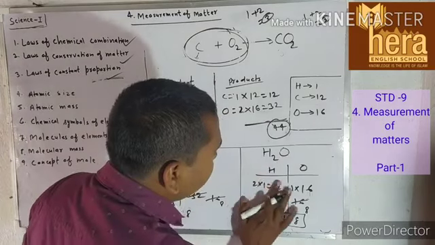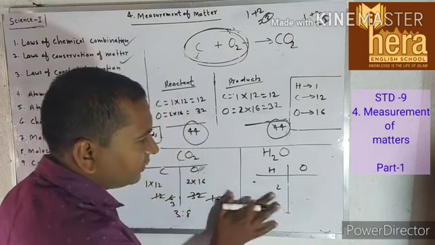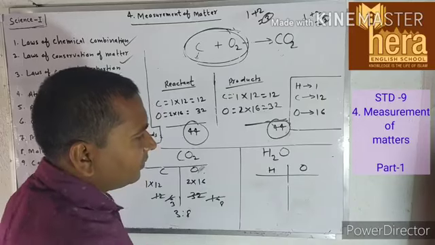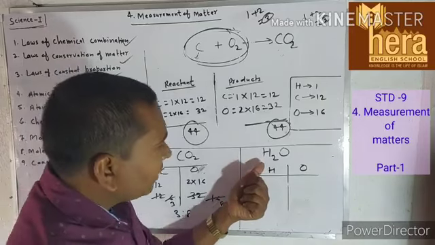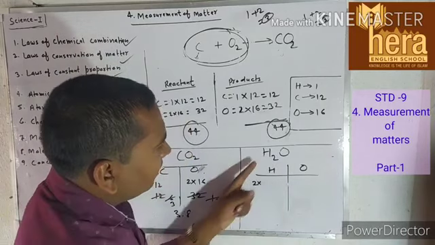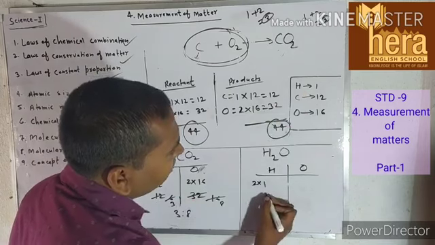In the case of H2O, if you want to find the ratio of atomic mass or weight, in this case 2 hydrogen atoms are here and the atomic mass of hydrogen is 1. 2 into 1 is equal to 2.